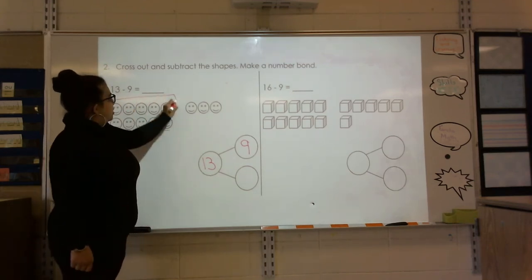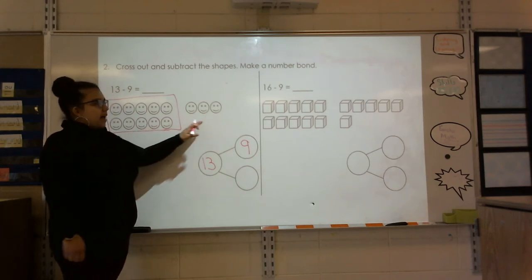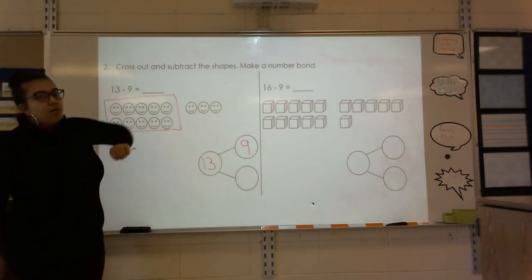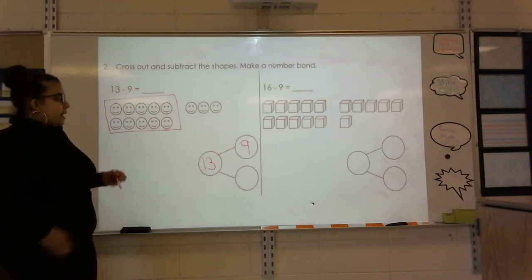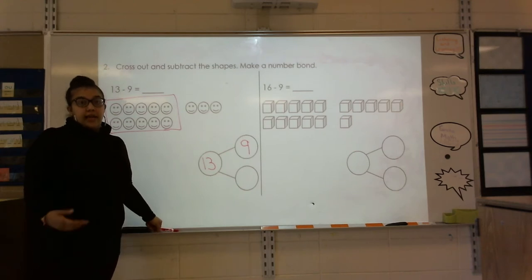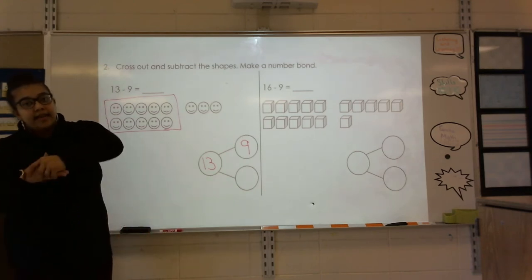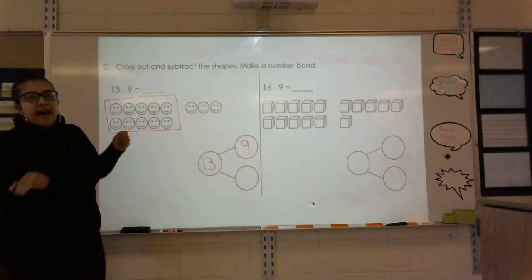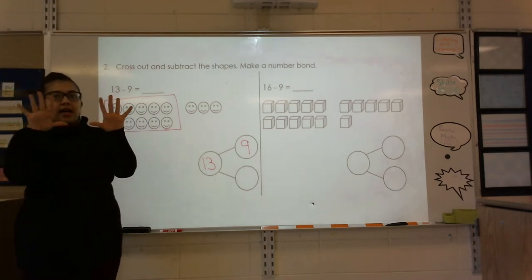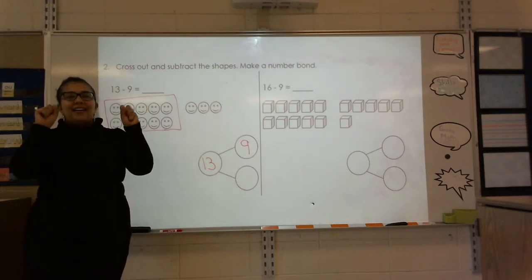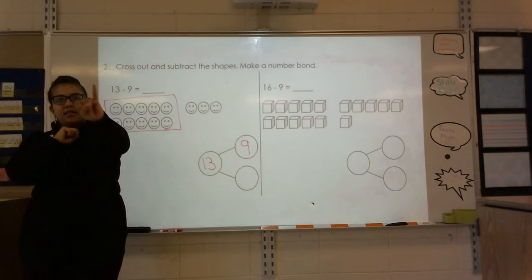So 13, here's my group of 10, so 10 and 3 more. We're going to subtract or take away how many? 9. The strategy we've been using is called take from 10, because literally you do your taking away, your subtracting, out of the group of 10. So 10 minus 9, because 9 and 1 is 10. 10 minus 9 is 1.